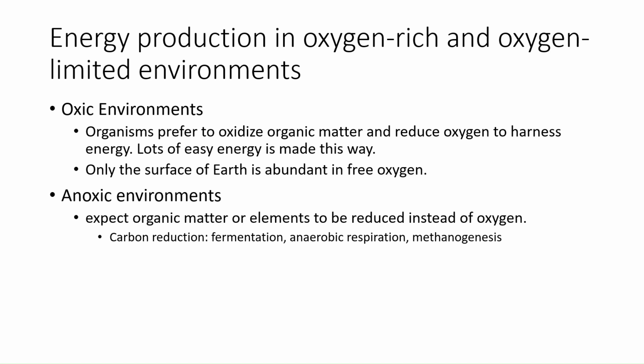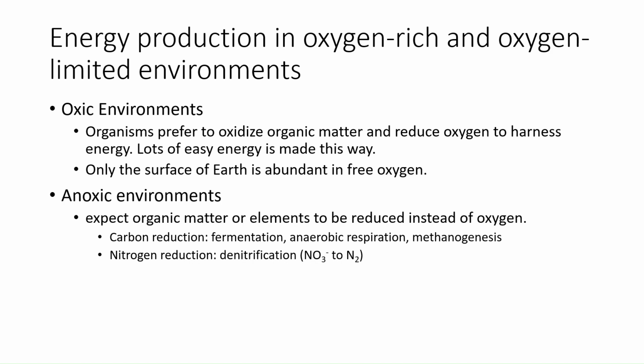Methane is CH4. And so remember our rule number 2. There's a lot of hydrogen with that one carbon molecule. So it's basically the most reduced form of carbon as CH4. So that's methanogenesis. One of these examples might be nitrogen reduction. We might not have oxygen available. Instead, we can use nitrogen.